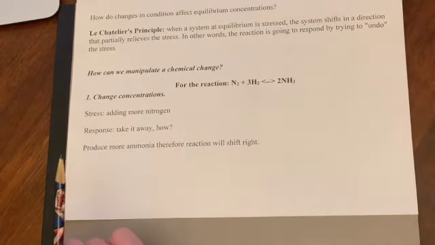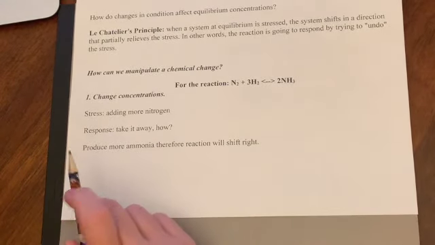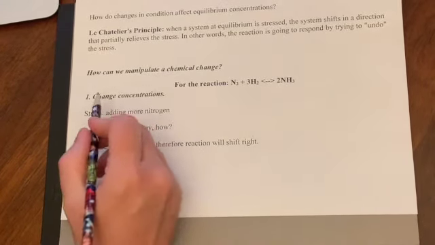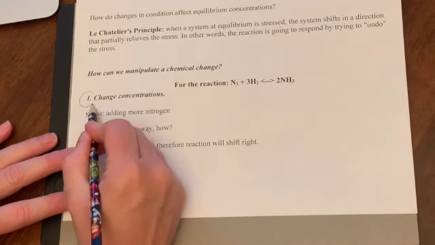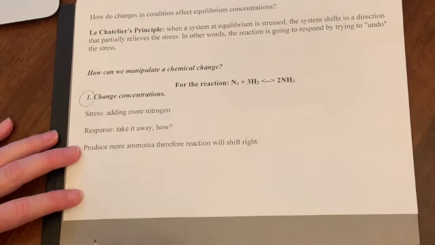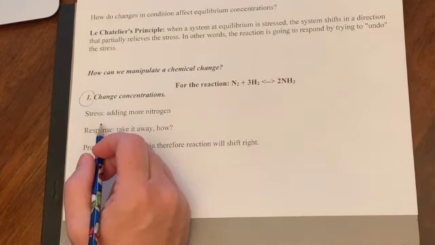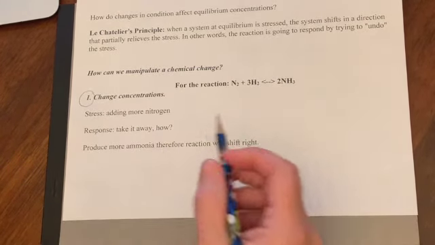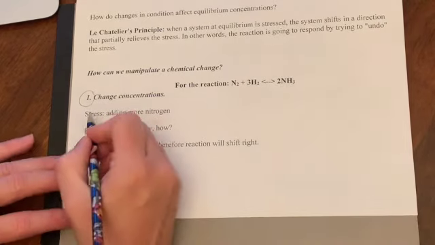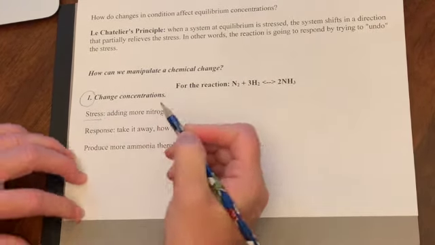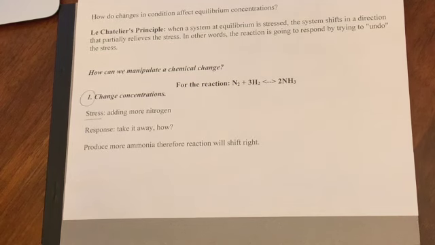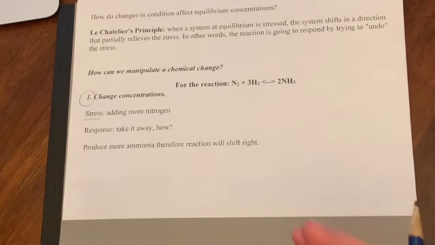Our first change or stress that we could do is by changing the concentrations of one of the components of the reaction. So let's go through this example. Our stress is that we have added more nitrogen. I think the simplest way to go about this is just to say to yourself, what was the stress? What was the change?